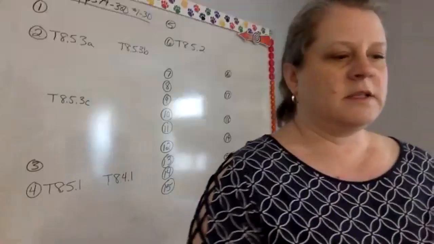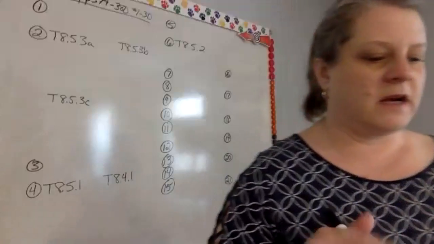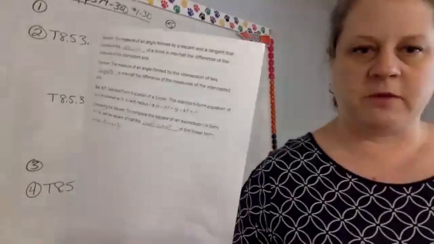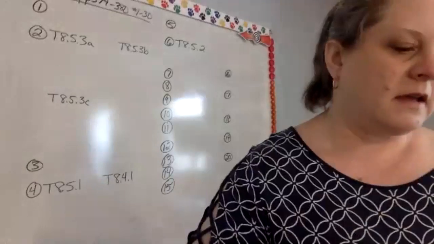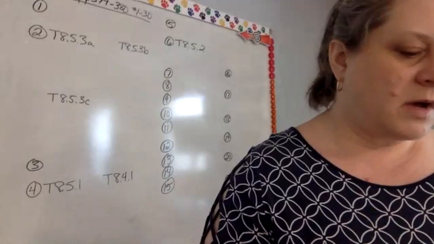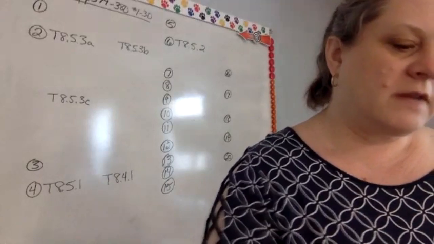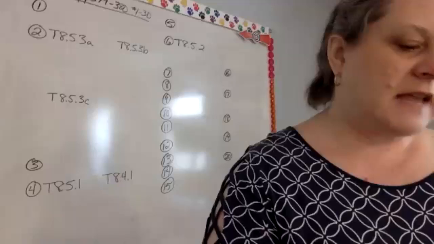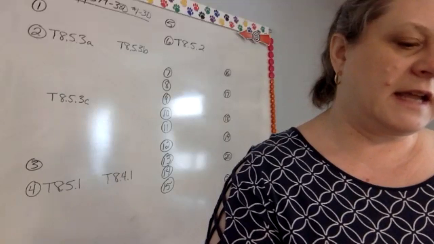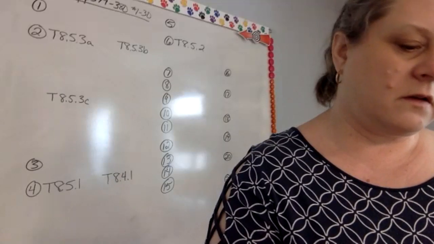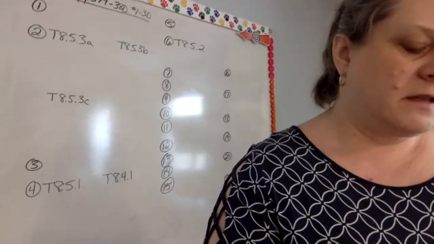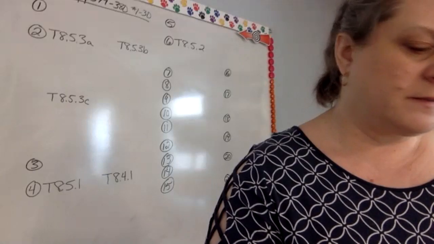Okay, then the next theorem on page 378. It's on the back of your notes page, the very last notes page that you have for chapter 8. We have theorems there in the box. The measure of an angle formed by a secant and a tangent that intersect in the exterior of a circle is 1/2 the difference of the measures of the intercepted arcs.